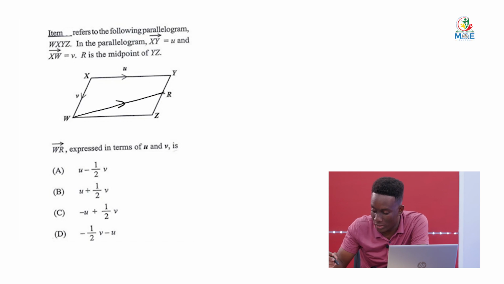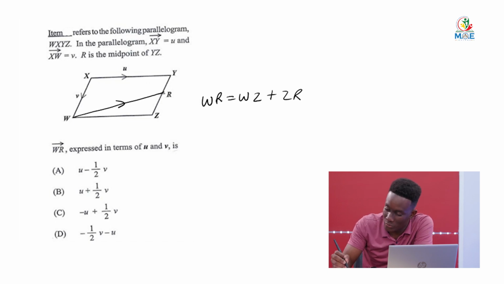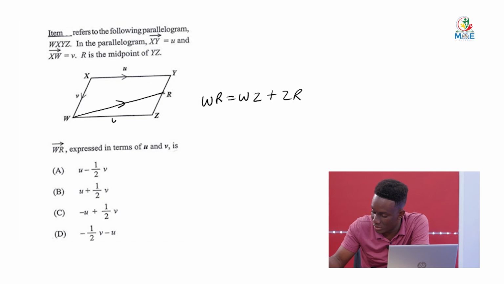So let's go. How can we move from W to R? We can say WR would be equal to WZ plus ZR. So let's see which one of these we can get. So WZ, we know these two lines are parallel. So WZ would be U. So we can say this would be U plus, and we know ZR would be half of ZY.